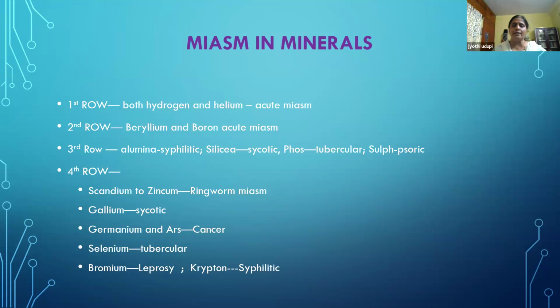In the third row, alumina is syphilitic, silicea is psoric, phosphorus is tubercular, sulphur is psoric. In the fourth row, scandium to zinc ringworm, gallium is sycotic, germanium and arsenicum album cancer, selenium is tubercular, bromium is leprosy, krypton is syphilitic.